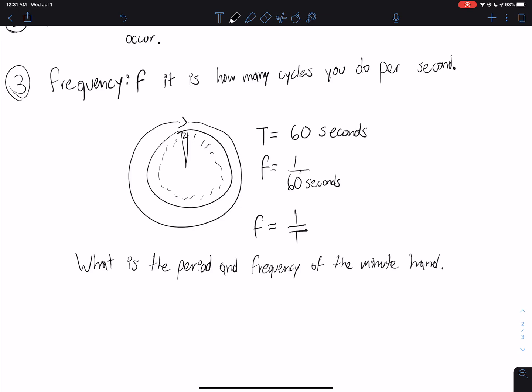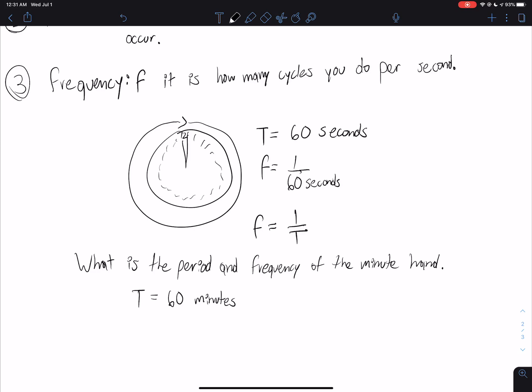It would say, okay, the period: when it starts at 12, how long does it take to go around? It takes 60 minutes. That's 1 hour. So it takes 60 minutes.